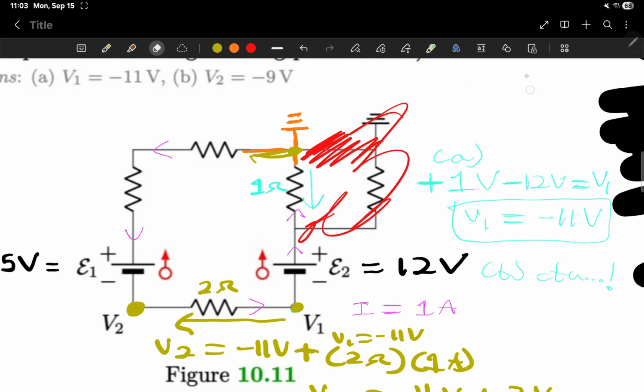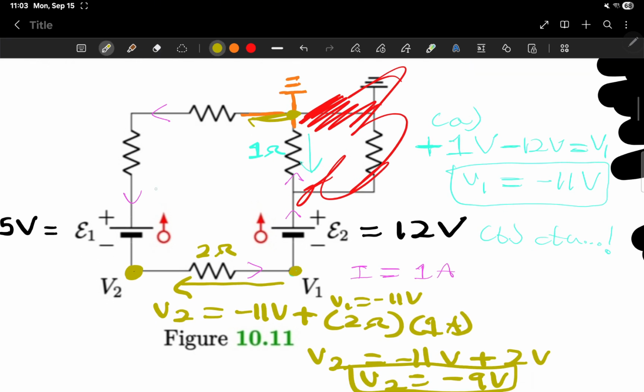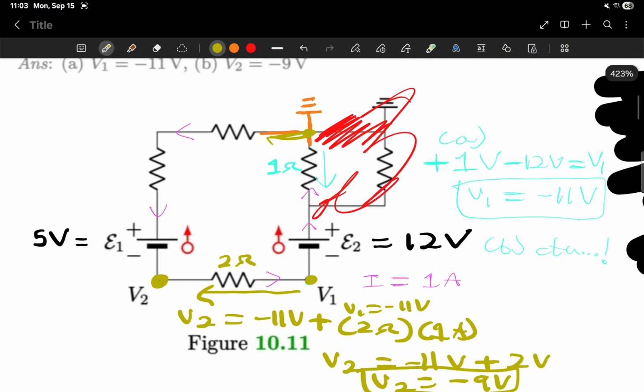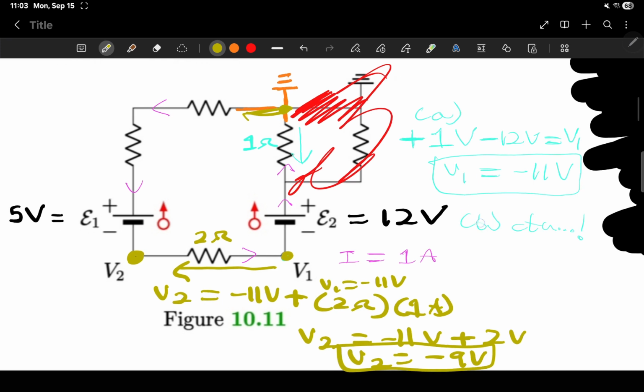Just go along the loop until you get to the specific point in the circuit where you need to find the voltage. Keep in mind the general direction of the current, so draw that out, and find the value of the current throughout the entire circuit.